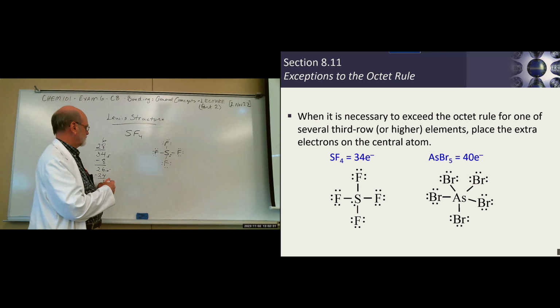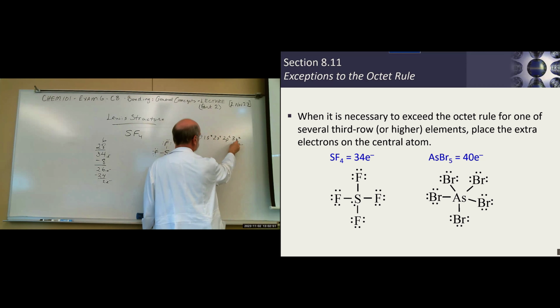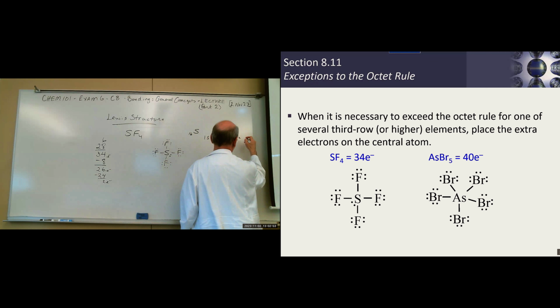So it can be 1s2, 2s2, 2p6, 3s2. Let's see, 2, 4, 6, that's 12, 4 more. And we have 3s2, 3p4. 2, 4, 6, 12, 16.